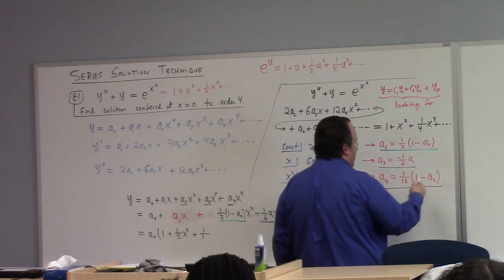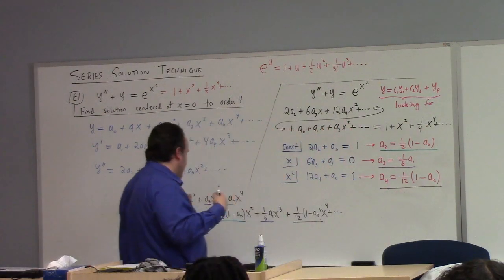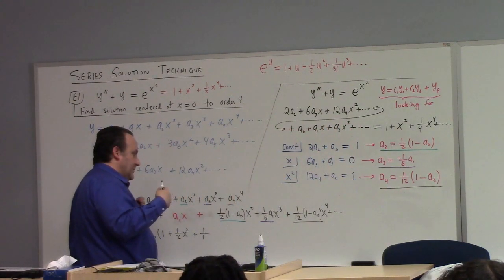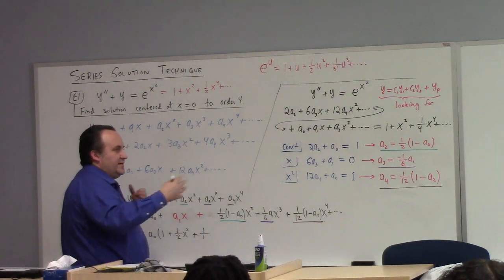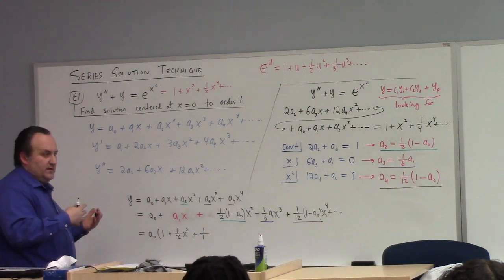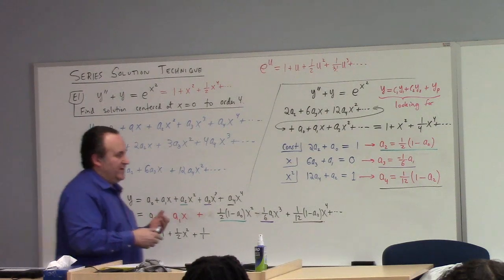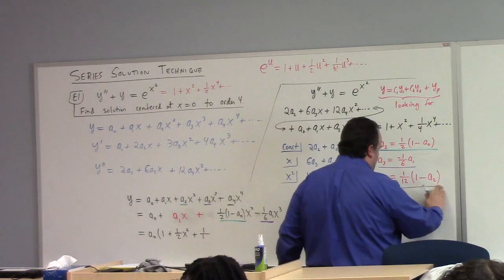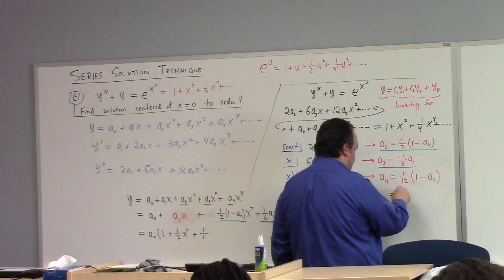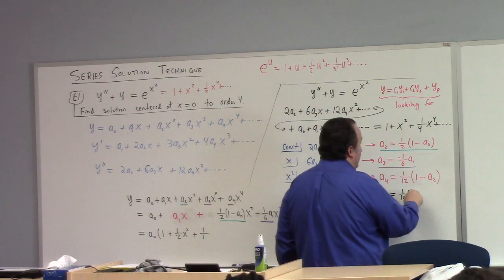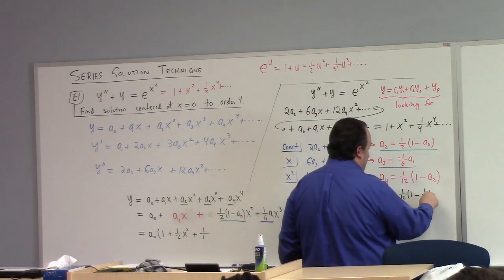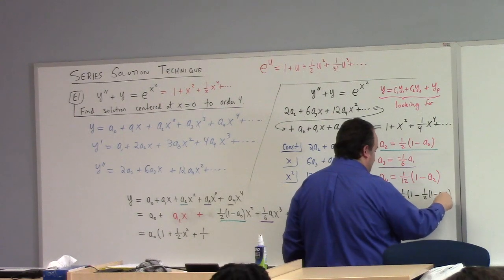This isn't done, right? I want to have everything in terms of A0 and A1, right? So the thing I just underlined in brown, I'm not quite done yet. What should I do here? Well, I should plug in A2, yes. So this is 1/12 times 1 minus 1/2 times 1 minus A naught, all right?